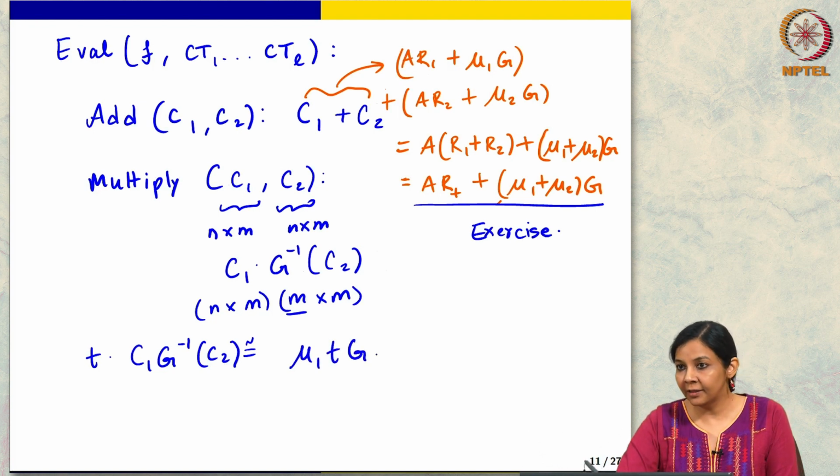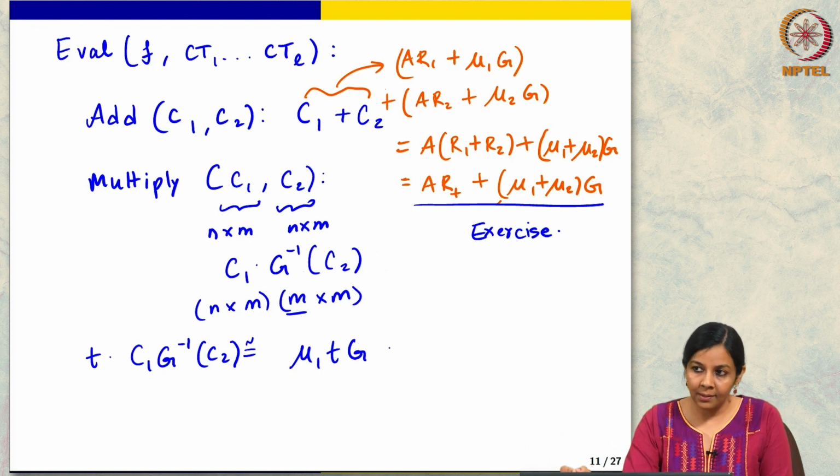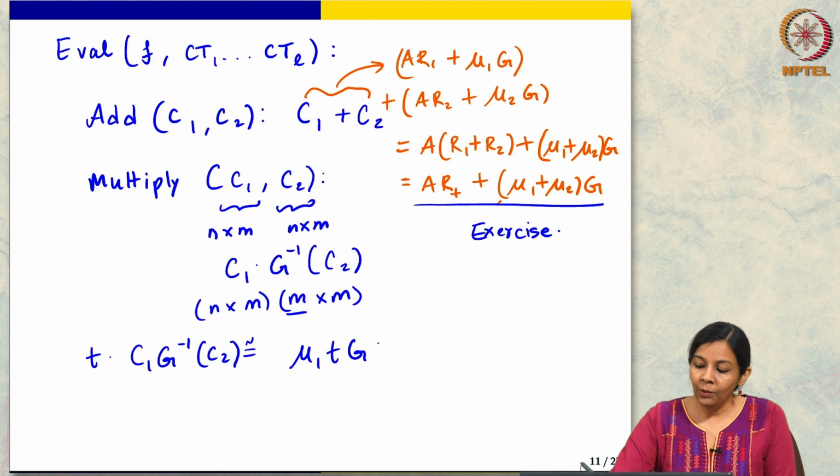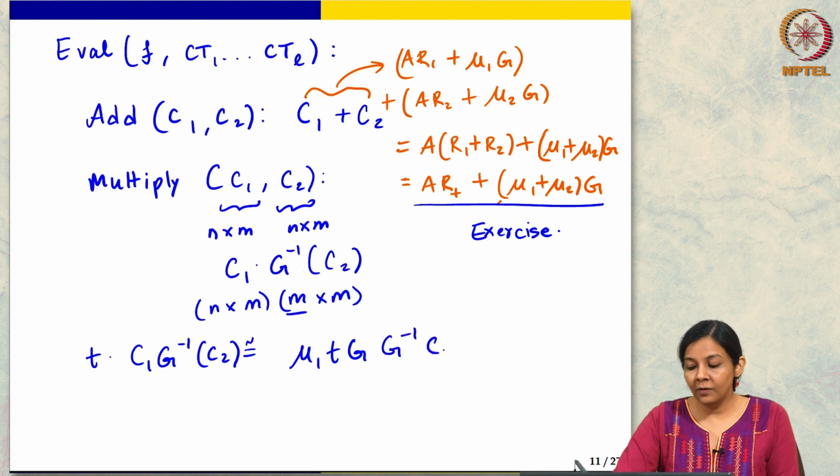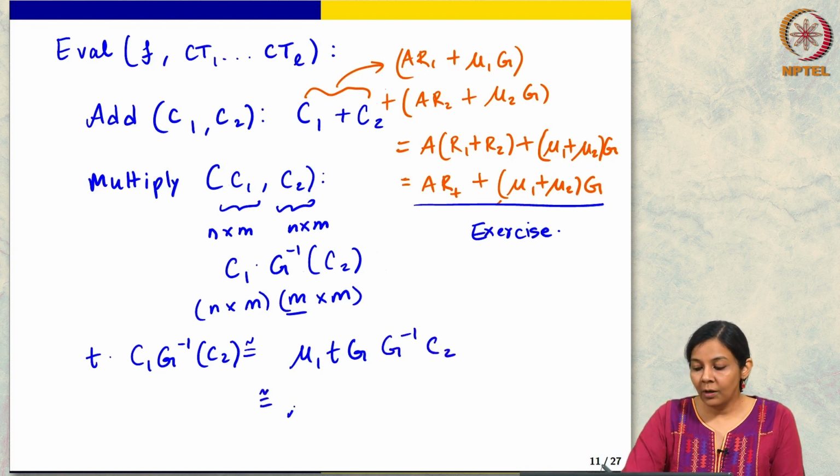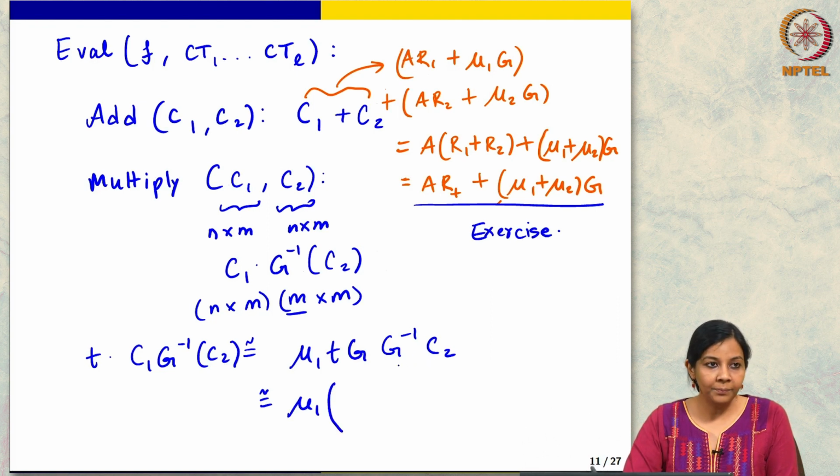We already worked this out, that T times C is mu TG roughly. So, mu TG times G inverse C2 is what? Now let me take mu 1 out. G and G inverse will again cancel, because again it is powers of 2 and bit decomposition.